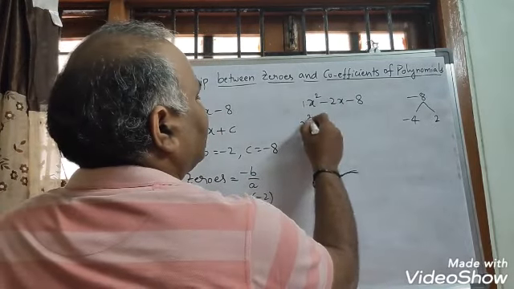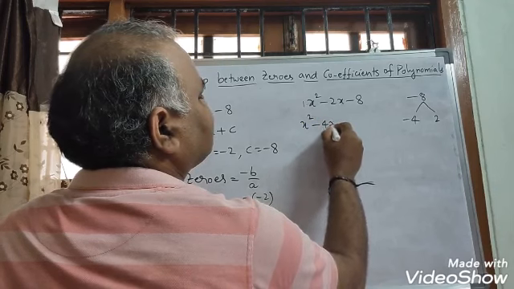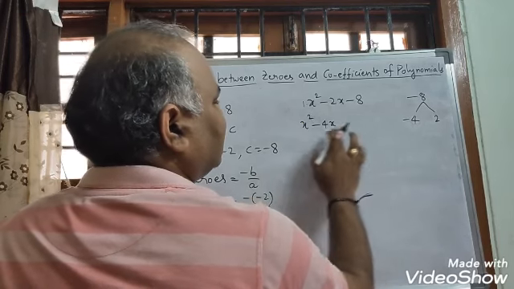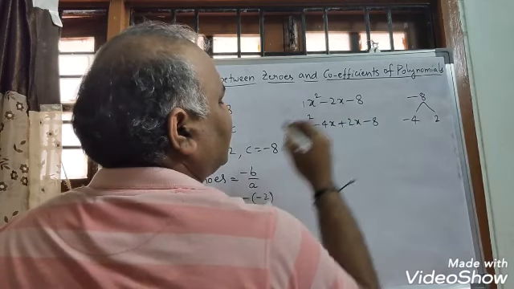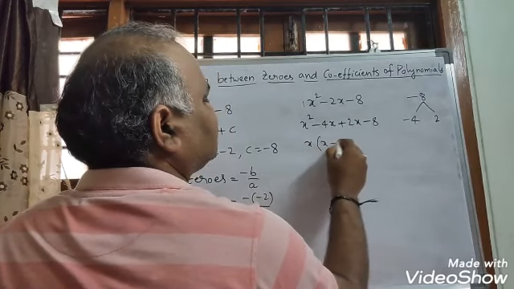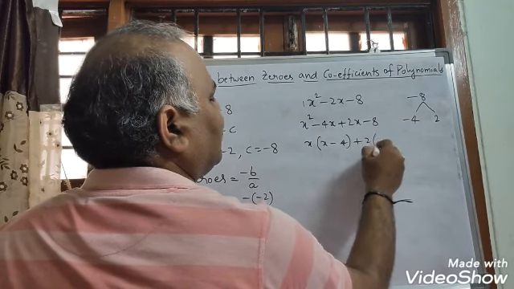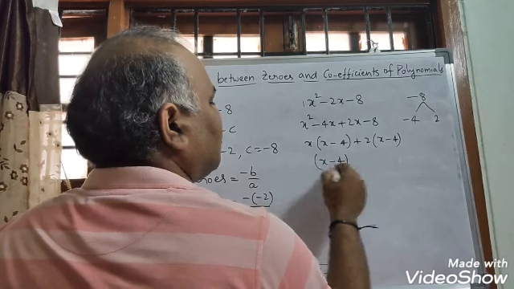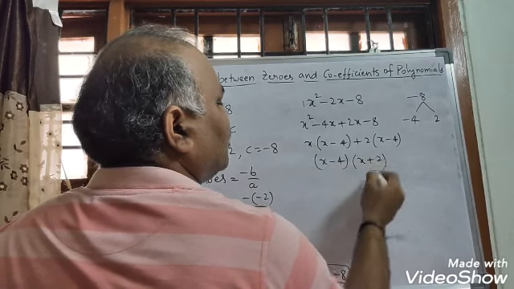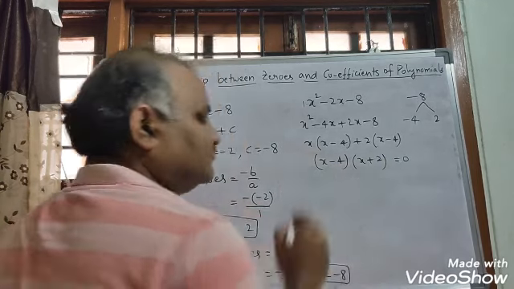So here I am taking factors like this: minus 2x I am writing as minus 4x plus 2x, minus 8. So if we take x common, x minus 4, plus 2 if we take common, x minus 4. So x minus 4 is common, x plus 2. This if we equate to 0 now.